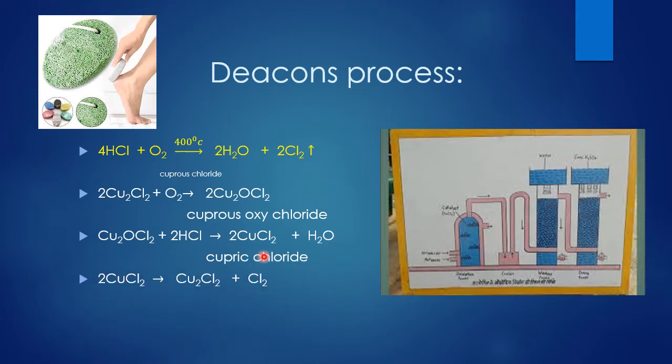Then the cupric chloride decomposes to give the catalyst back. The catalyst can be regenerated in all reactions. Whatever amount of catalyst you have added, you can get it all back. It is regenerated, and the chlorine gas which we are expecting is obtained, along with the water molecule. This is a single step reaction, and how the catalyst takes part in that reaction was explained using these three steps.